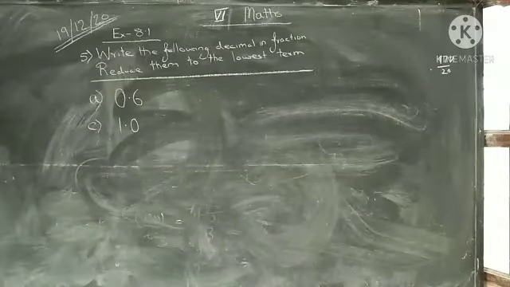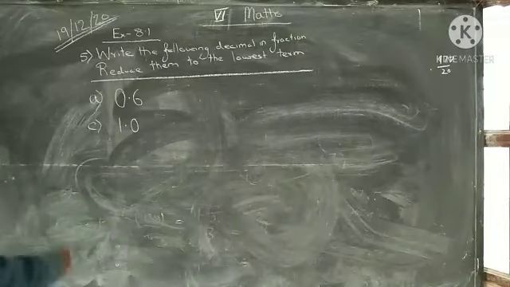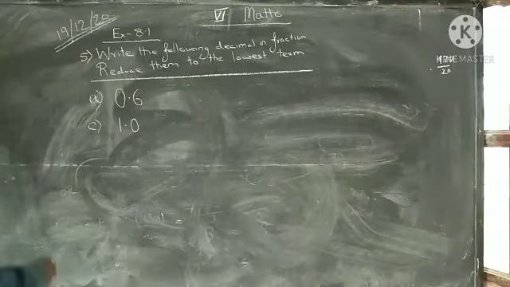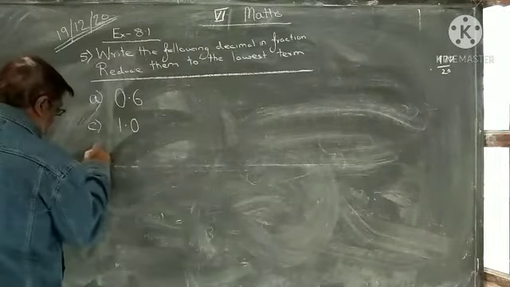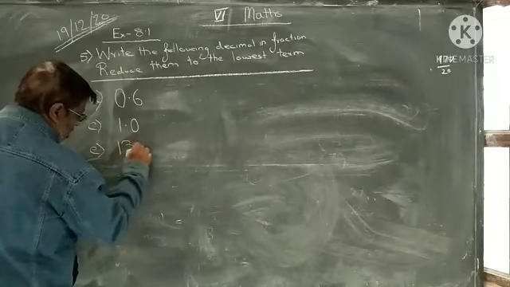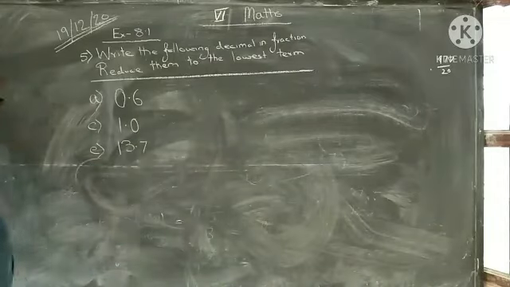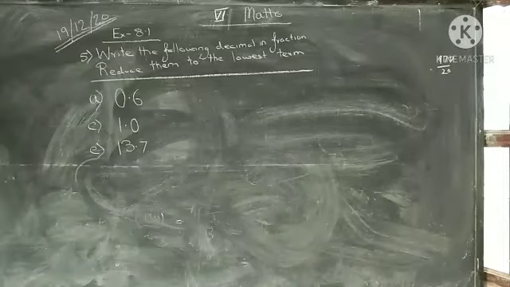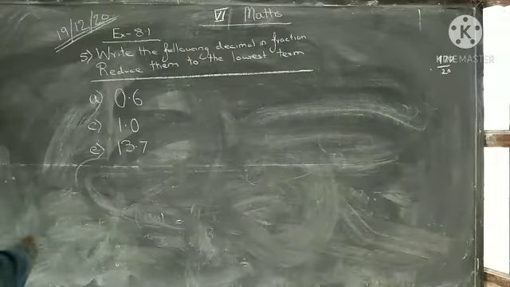Then we have, let's take E as 13.7, and lastly we will take G as 6.4.